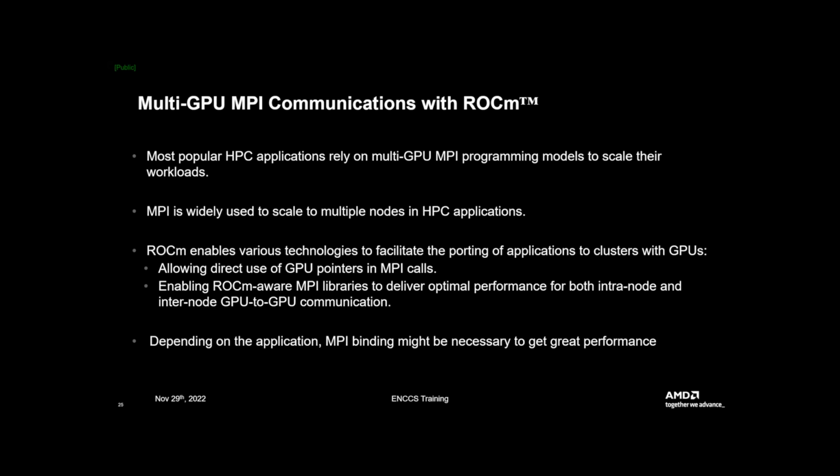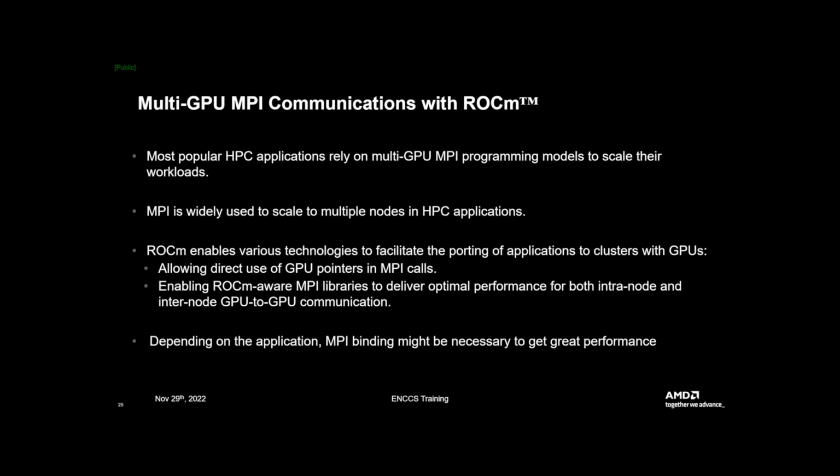So to deliver optimal performance, we have a direct connection between intra and inter nodes through GPU to GPU communications. That is why it is important to use an MPI that is ROCm aware.